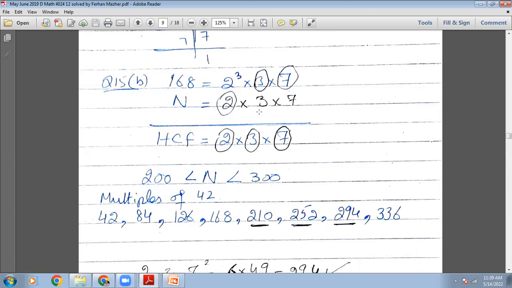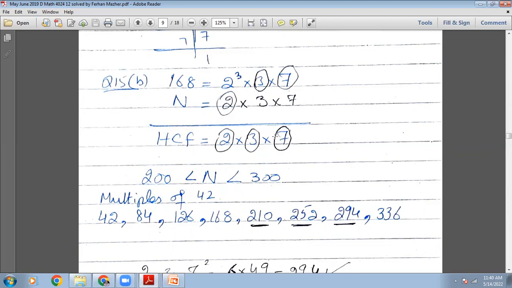So here you can have 3 raised to power 1 or 3 raised to power 2. You can have 3 raised to power 3 also here, because HCF means it is common in both of them, and the smallest power is 3 raised to power 1, which is here. 7 raised to power 1 in the HCF came from here. So here also 7 is present. Either it can be 7 raised to power 1, 7 raised to power 2, or 7 raised to power 3.